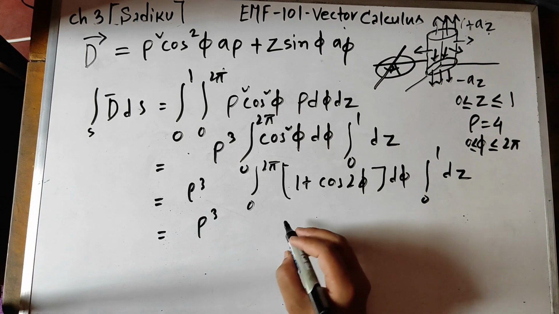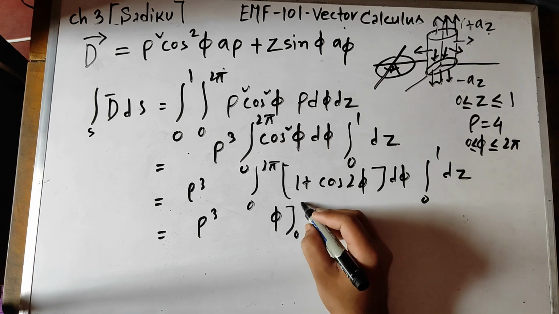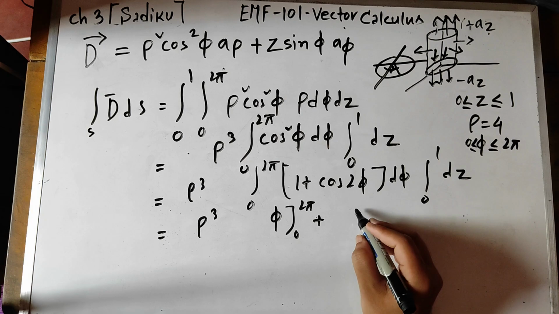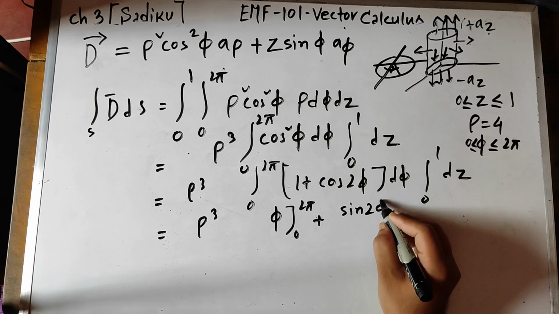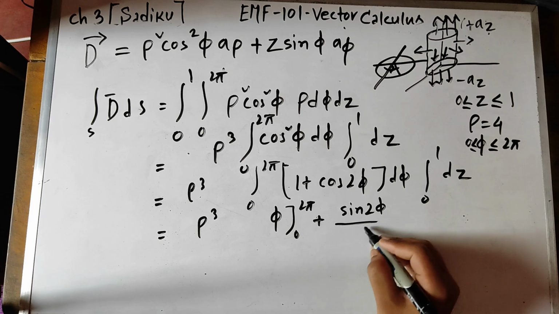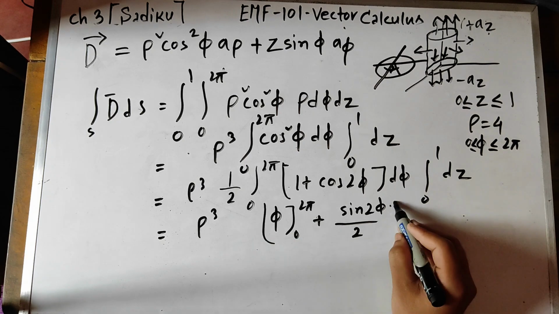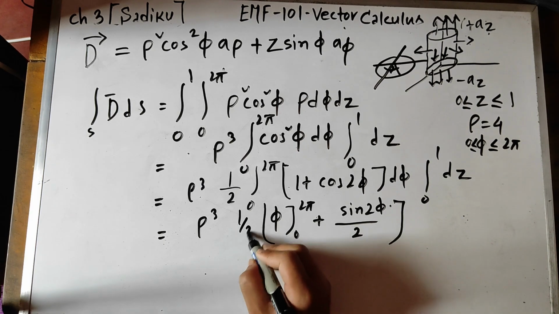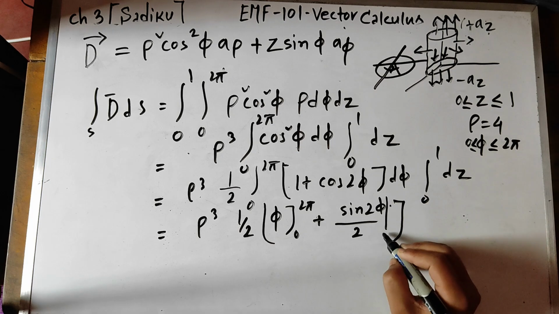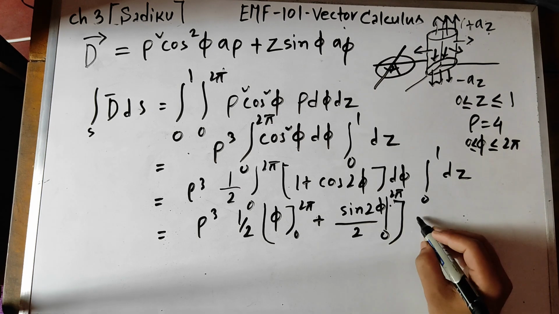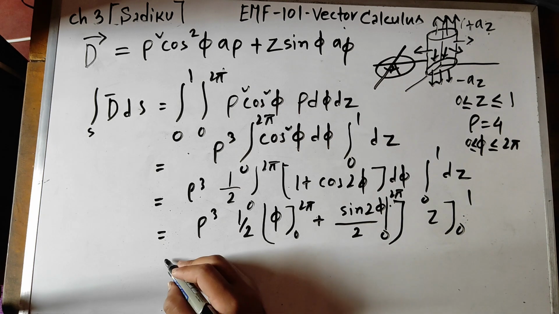So rho cube, phi from 0 to 2 pi plus sine 2 phi by 2, so there's a half, and z from 0 to 1.